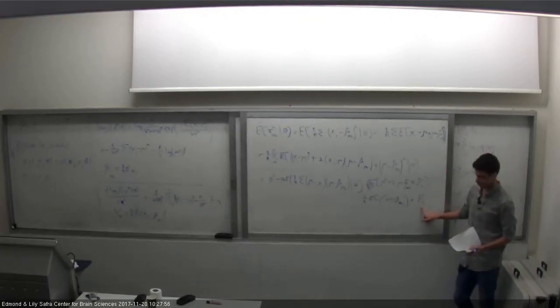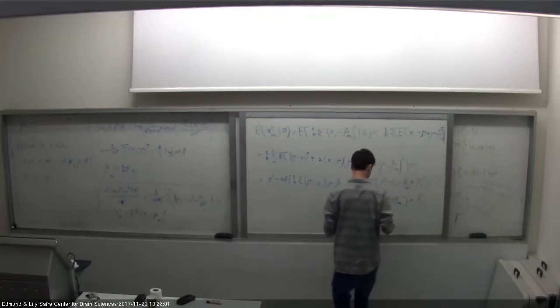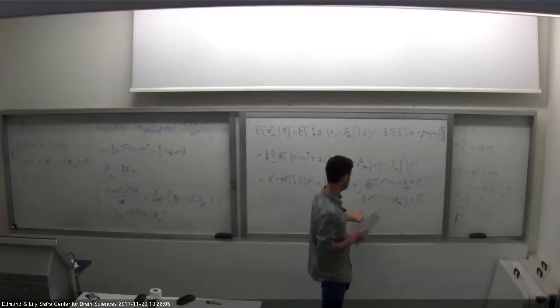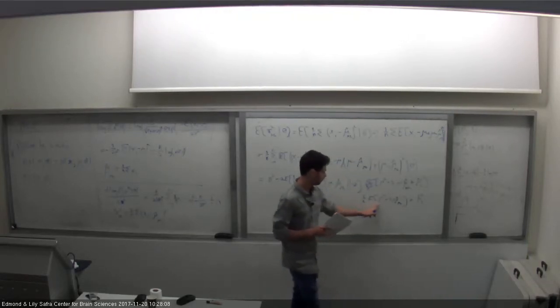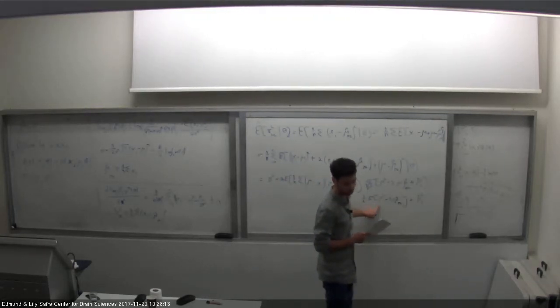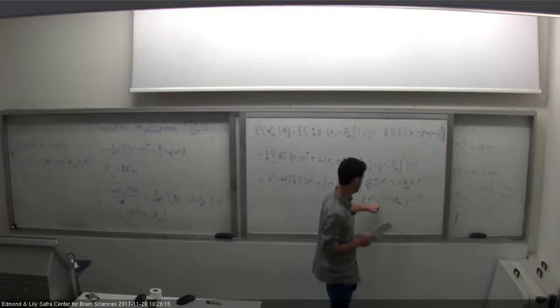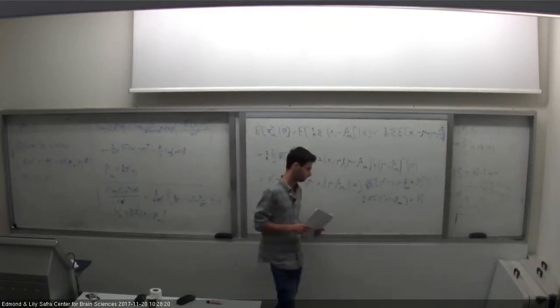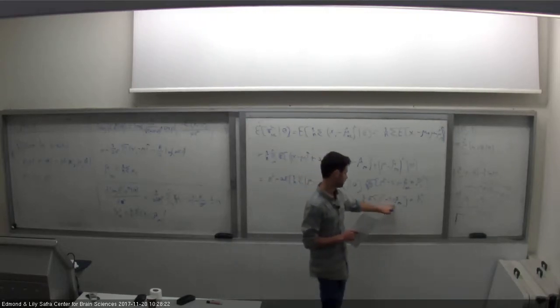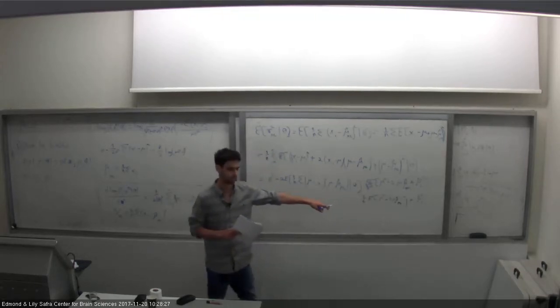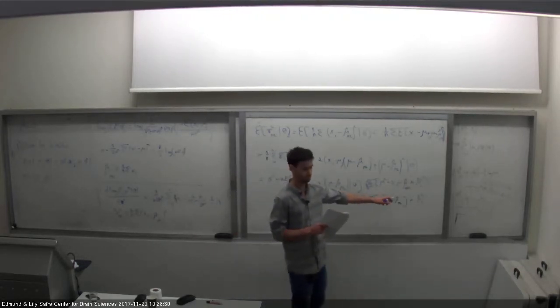We know that, okay? And now here we have the expected value of mu. Mu is the expected value of x, right? And here it's constant. So we have here basically the expected value minus x, if you want.